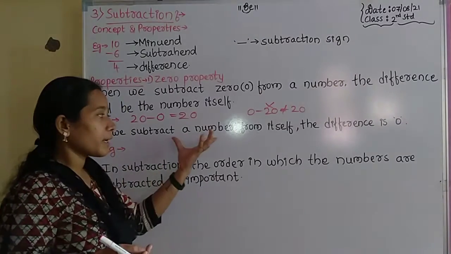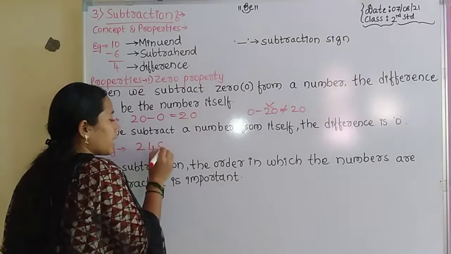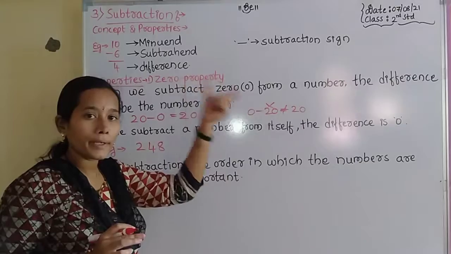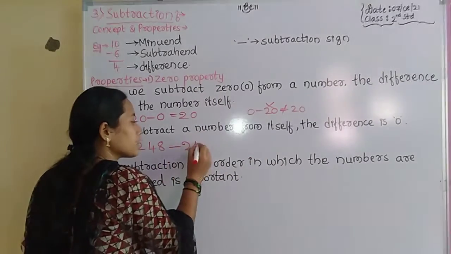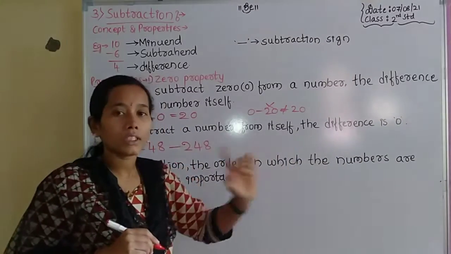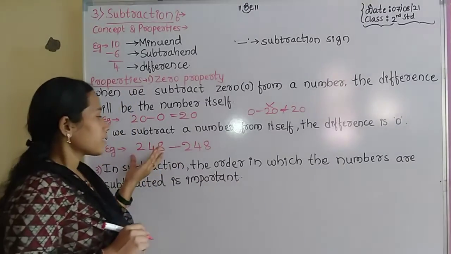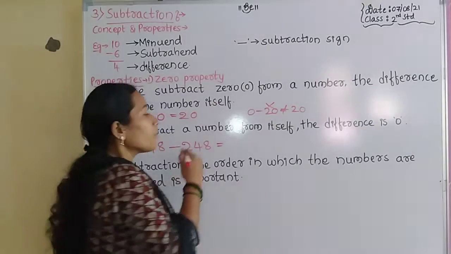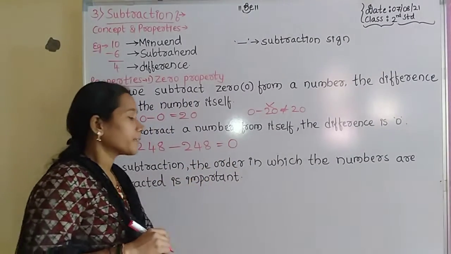If we subtract a number from itself, consider the number 248, that means 248 minus 248, the difference will be 0. See, 2 minus 2 is equal to 0. Here also the same number is subtracted from that number, and we get 0 as the difference. It is about the second property.